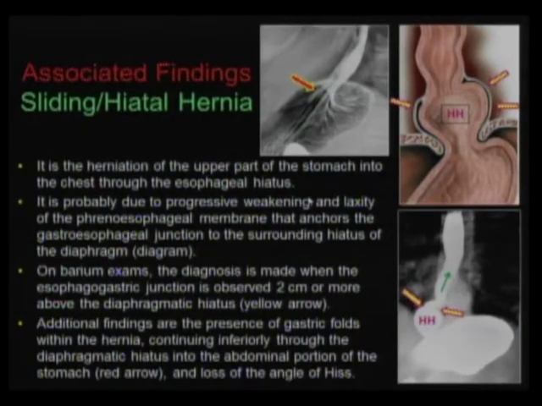So we know that these are gastric folds that go into the chest. And also, in some cases, there is a loss of the angle of His. So this is the diagnosis of hiatal hernia.